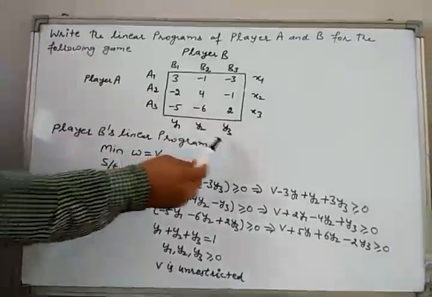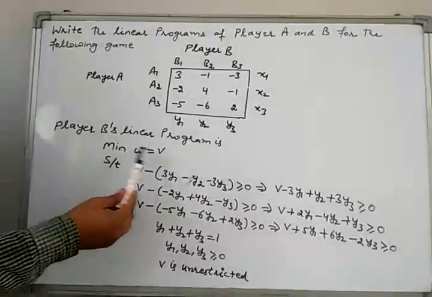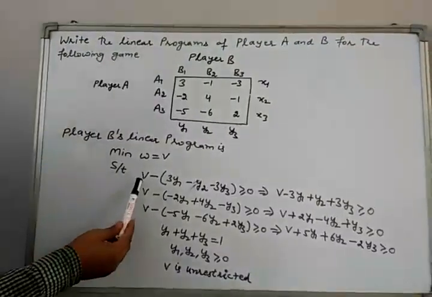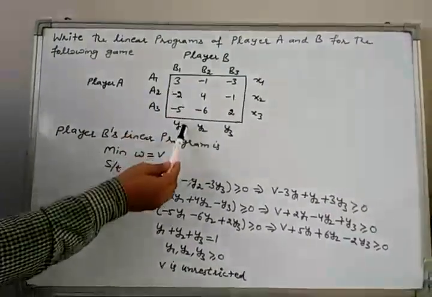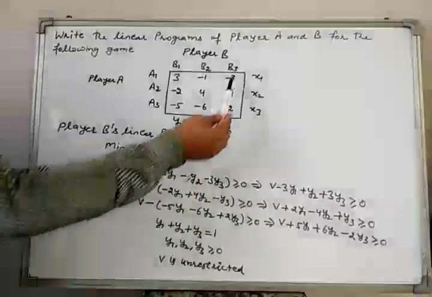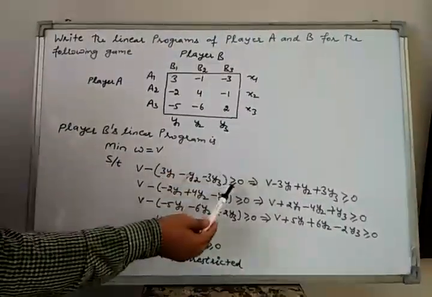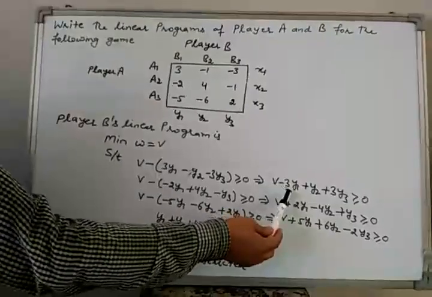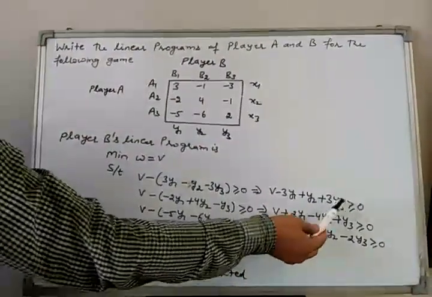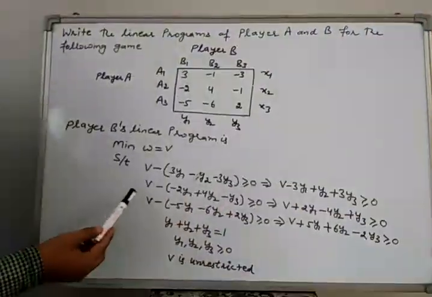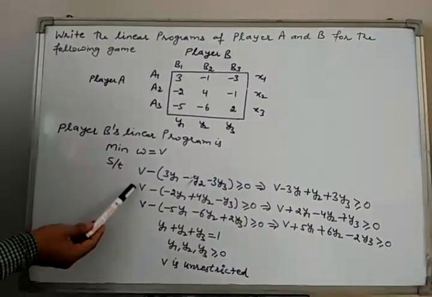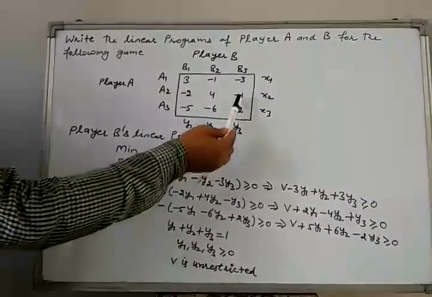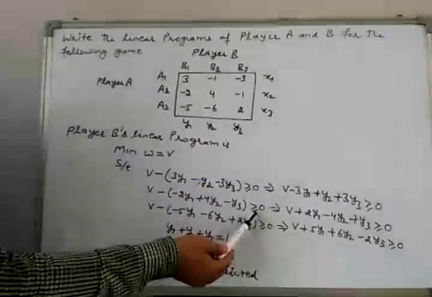Player B's linear program is to minimize W equal to v, subject to the conditions v minus 3y1 minus y2 minus 3y3 greater than or equal to 0, which on solving becomes v minus 3y1 plus y2 plus 3y3 greater than or equal to 0. Similarly, we can write the next constraint v minus 2y1 plus 4y2 minus y3 greater than or equal to 0.